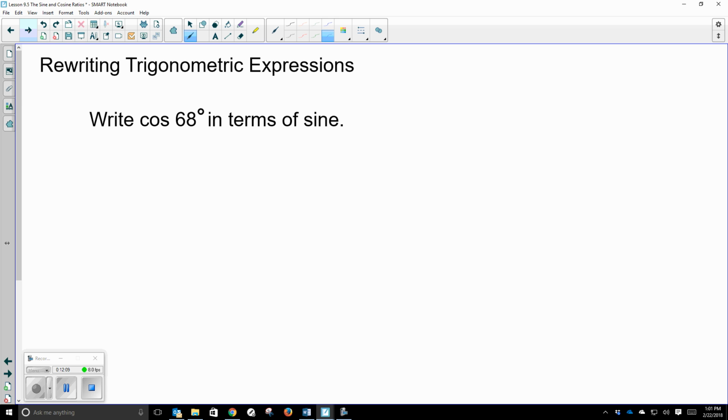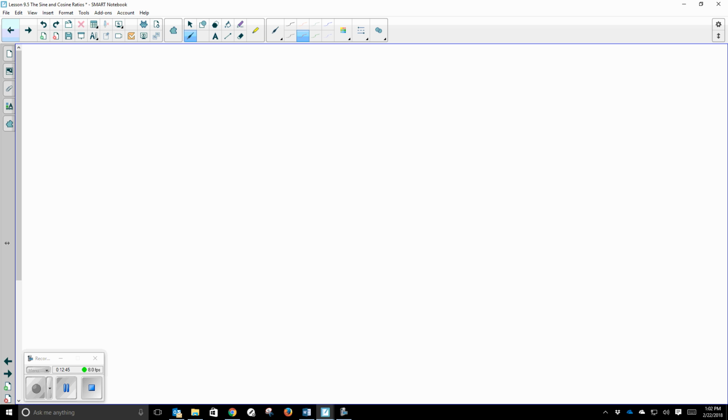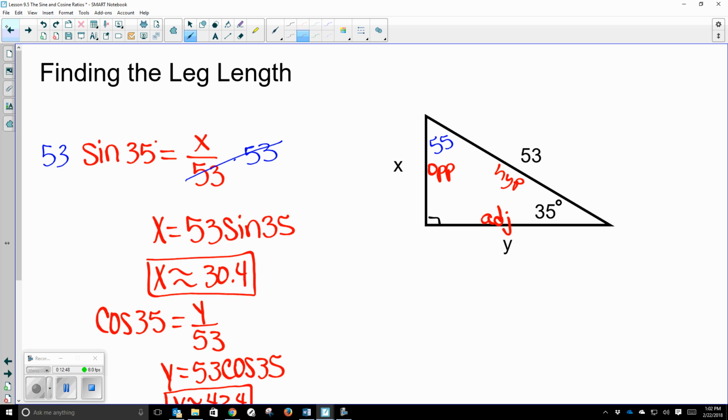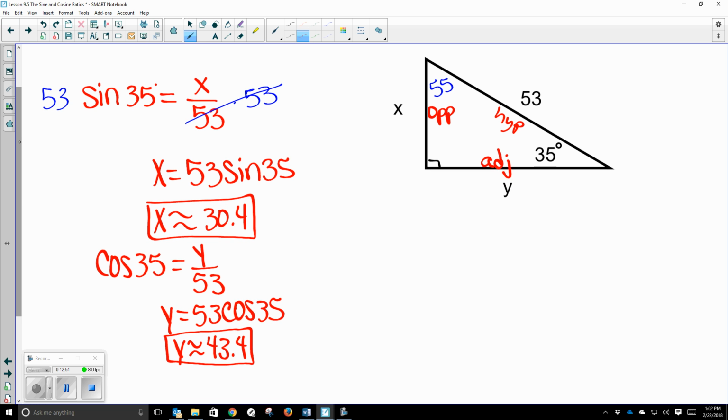What we just talked about will help you on this one. Write cosine of 68 degrees in terms of sine. So if I went back here, I should have left that over there so that you could see.